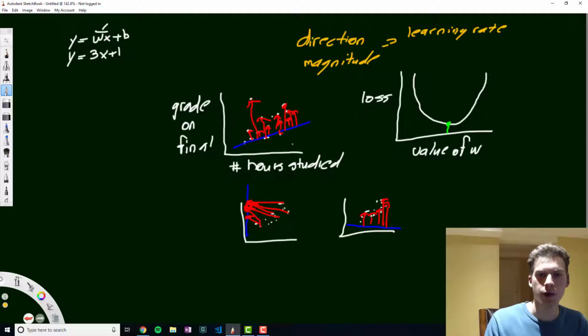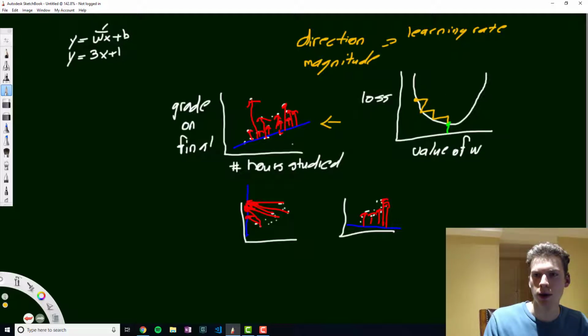And so let's suppose that we took the value of w right here, fell somewhere here. Well, we will use gradient descent and we will iterate until we get to our global minimum.